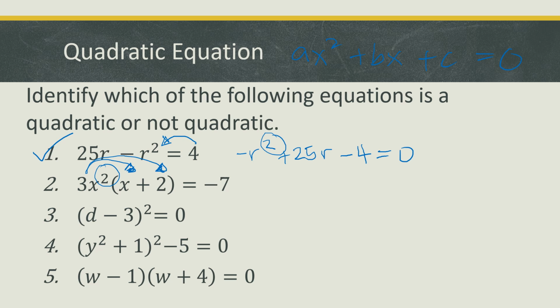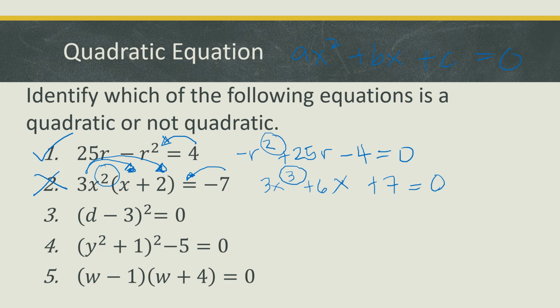We have 3x squared times x, which is 3x cubed. 3x squared times positive 2 is positive 6x. And let us transpose negative 7, so we have plus 7, and then equate it to 0. As we can see, the highest exponent is 3. Therefore, number 2 is not a quadratic equation.